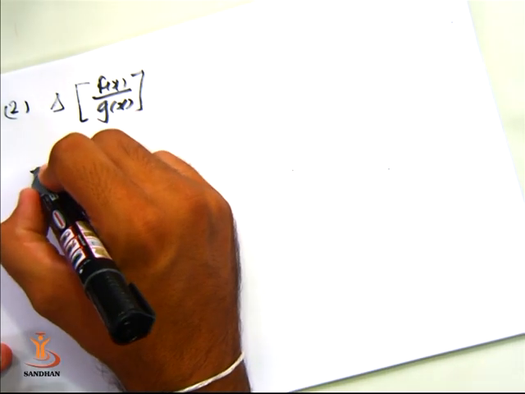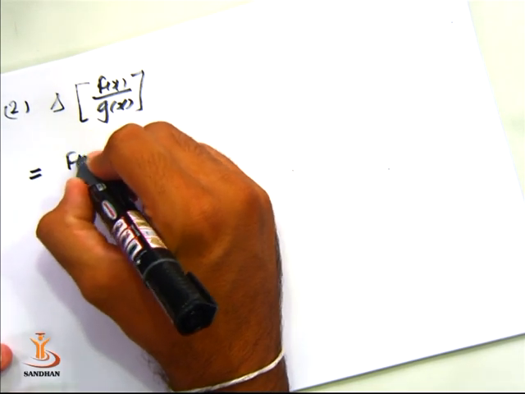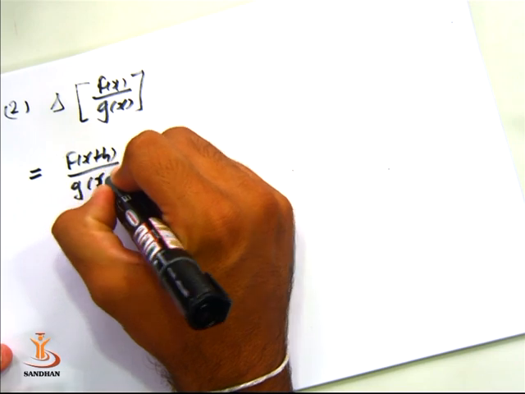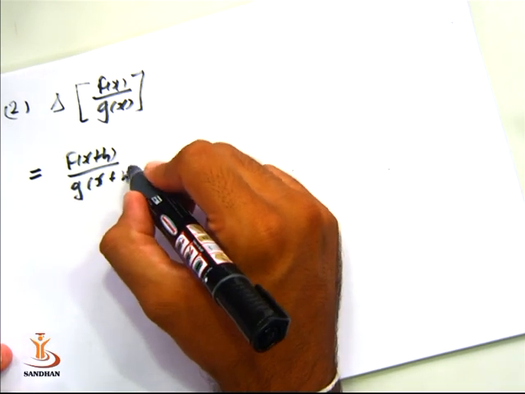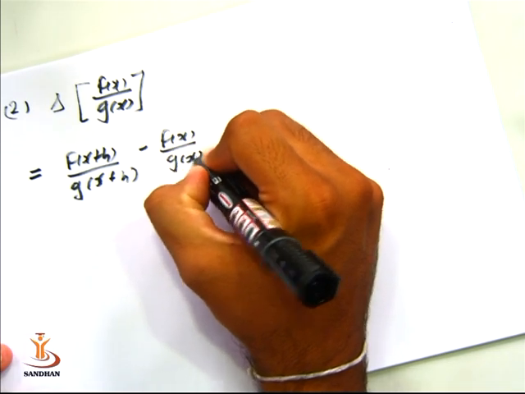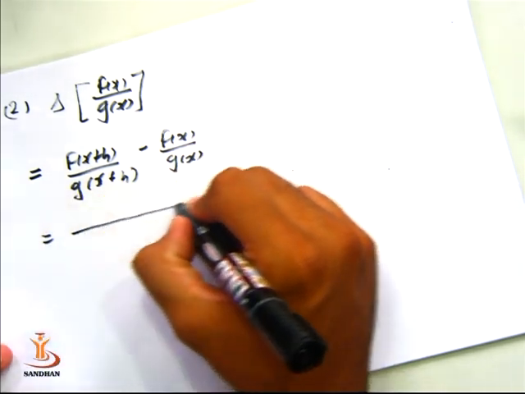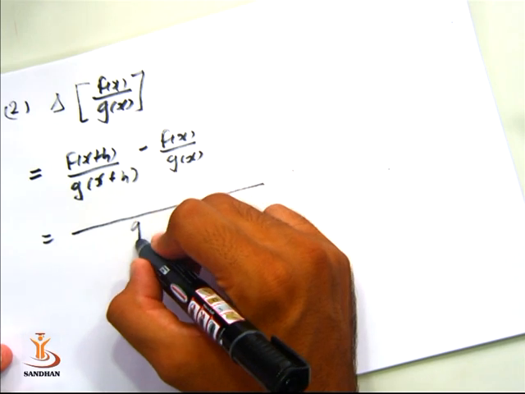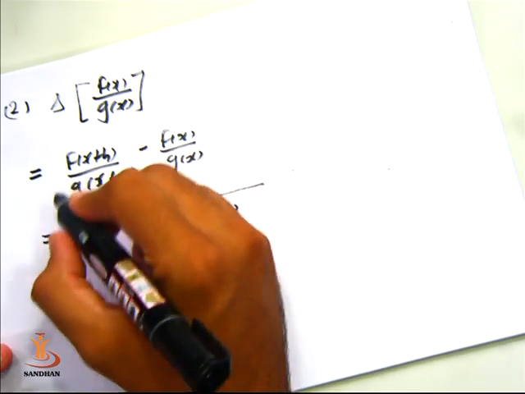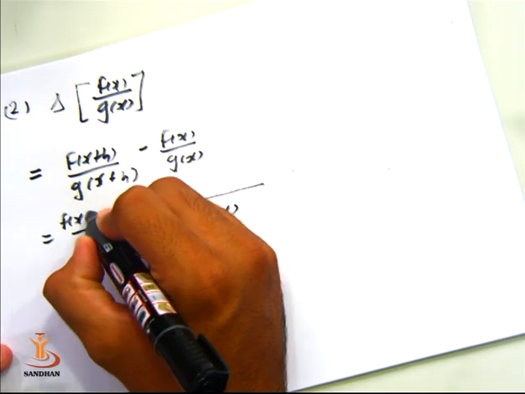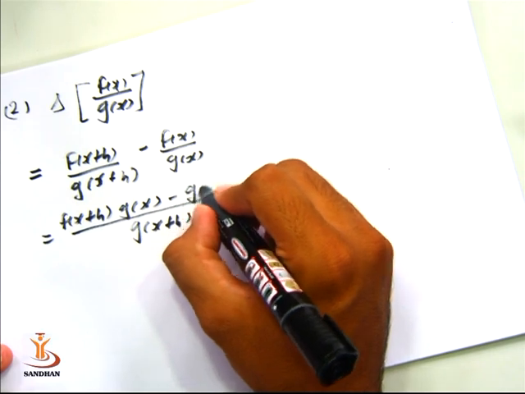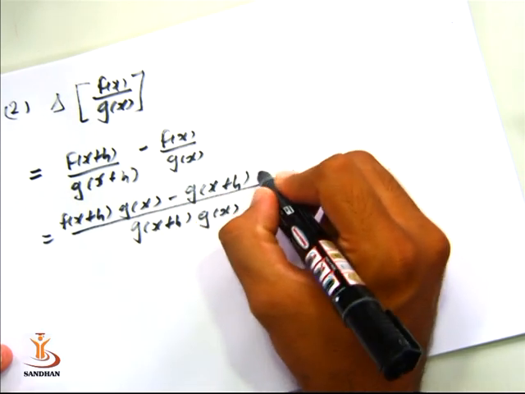So as a definition, we start with f of x plus h upon g of x plus h minus f of x upon g of x. So if we take the LCM, g of x plus h and g of x, we got the answer as f of x plus h into g of x minus g of x plus h into f of x.